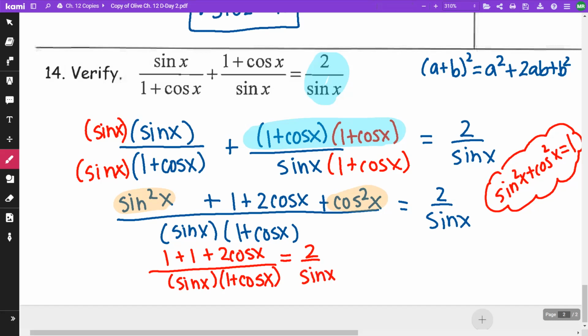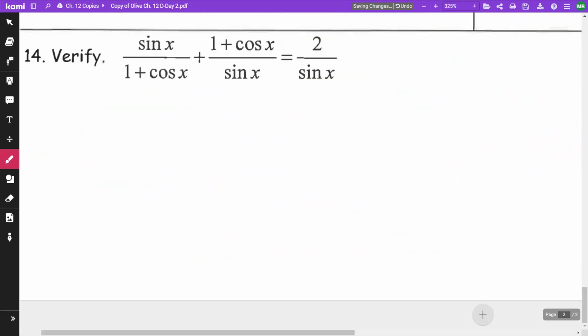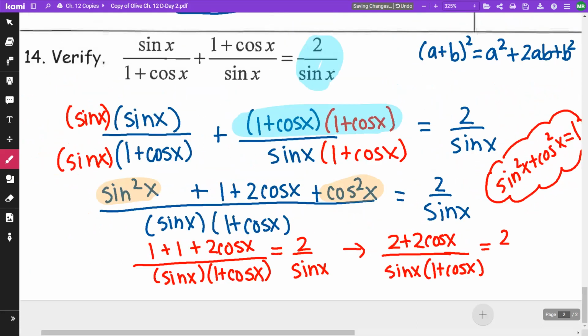So I am going to have 1 plus 1, which is 2, plus 2 cosine x, again over sine x times 1 plus cosine x.